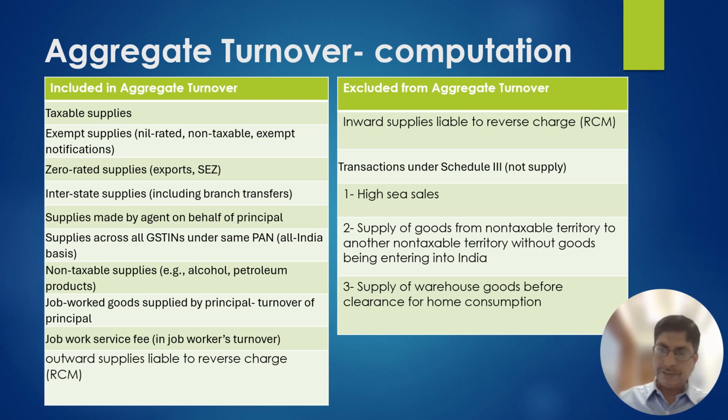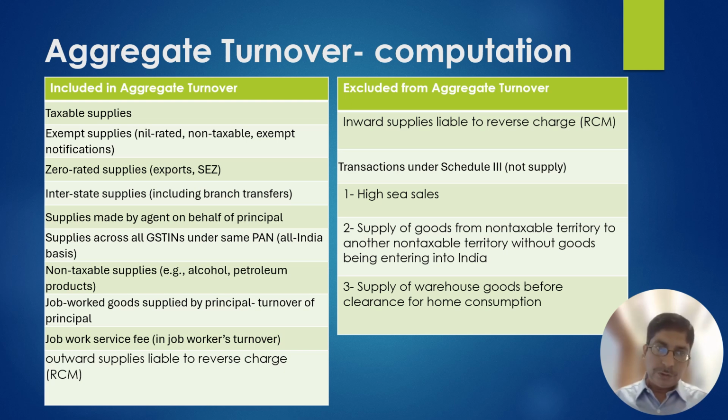For example, in case of a GTA service, the GTA service provider opts for 5% RCM. In that case, the recipient pays the taxes under RCM.